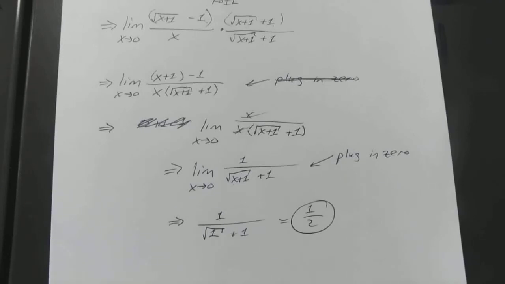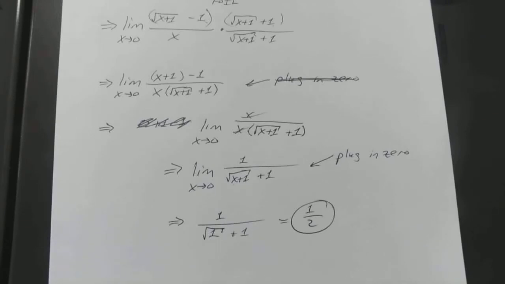All right, any questions on that one? Now remember, we're not saying that the value is 1/2. We're just saying that as x gets closer to 0, the limit is 1/2. It's still undefined at 0. We can just figure out where the limit is.